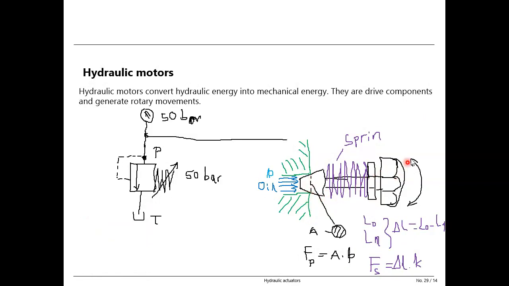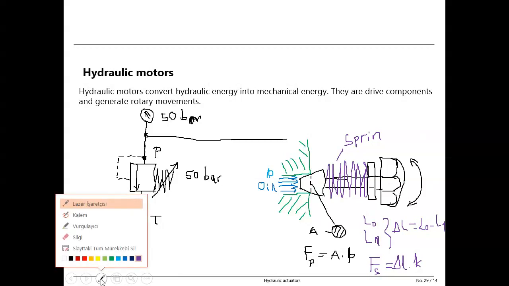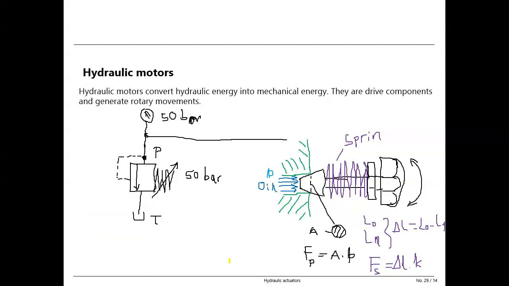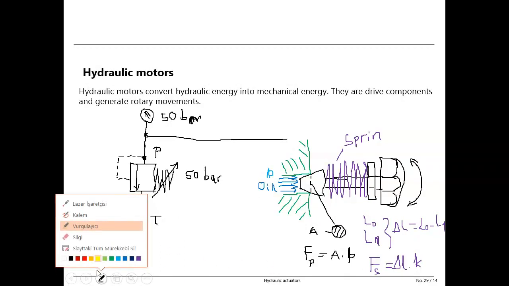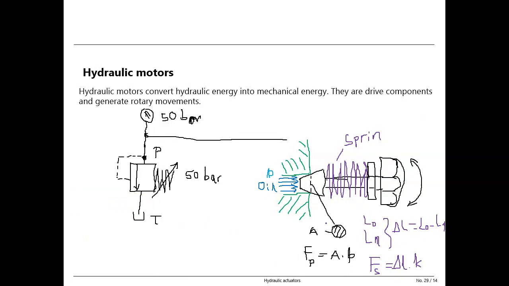So we can see the equation wise, how does it work? How can we adjust the pressure on the oil side using the spring? So you will see now, on that side we have area times pressure.